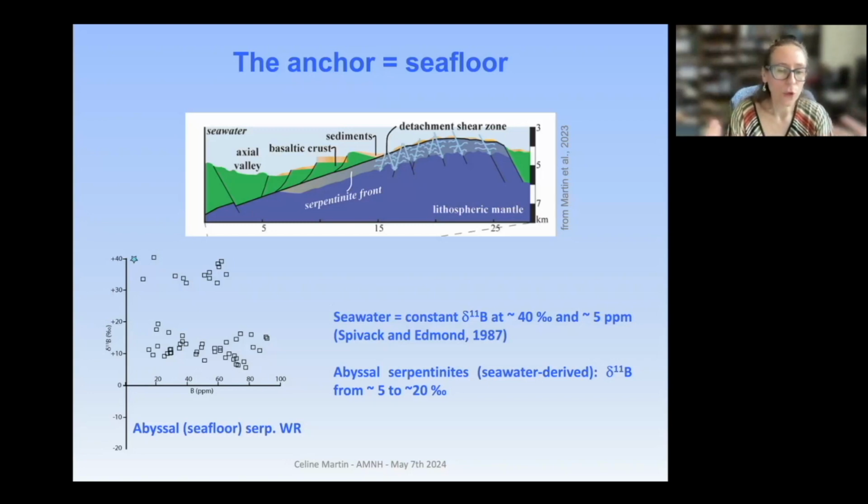So we know for sure that the abyssal serpentinites, or the seafloor serpentinites, have been serpentinized from seawater or seawater-derived fluid. Thankfully, the seawater has a constant delta 11 boron around 40 per mil, and consequently, the seawater-derived serpentinites have a delta 11 boron in the range 5 to 20, as we can see on the diagram on the left. So that, I would say, is our anchor for what is seawater-derived fluid.